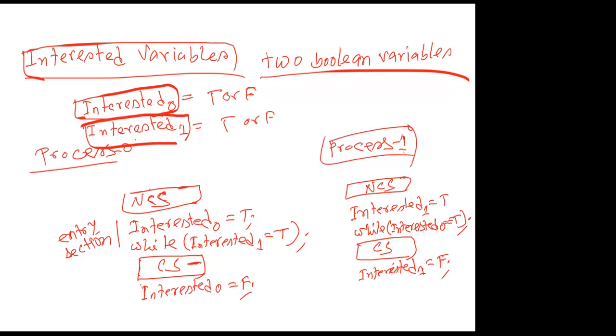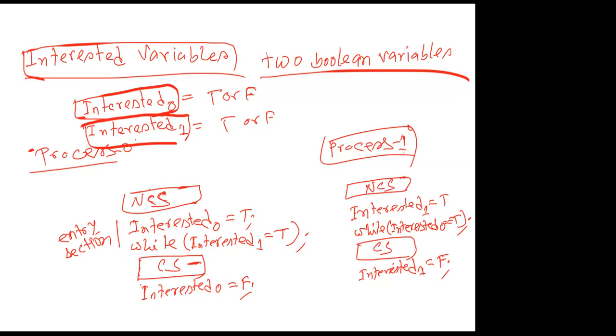Now let's check how it works. Here are two values: interested 0 for process 0, and interested 1 for process 1. When a process tries to enter the critical section, it first shows that it is interested in entering the critical section.